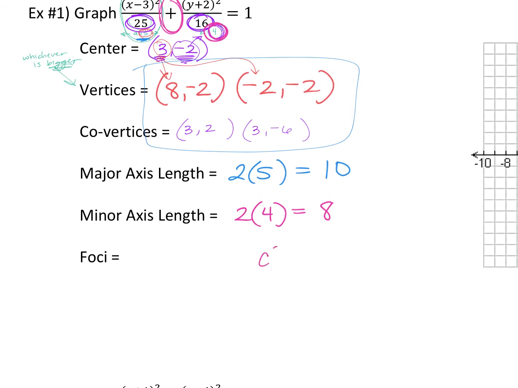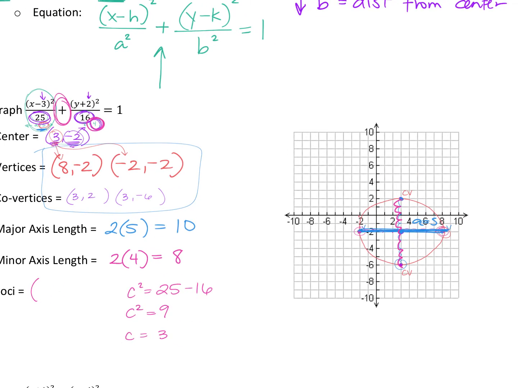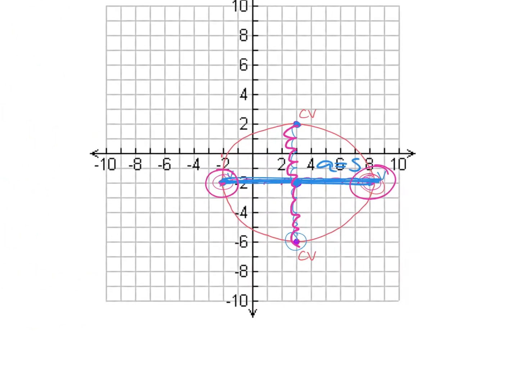So c squared is going to be 25 minus 16, which means c squared is 9, which means c is 3. Okay, well, if your c value is 3 and your vertices are going left and right, here's my vertices, then 3 to the left. Now here again is where it's tricky. It's not plus or minus 3, 0. Your c is 3, but your c has to come from the center.